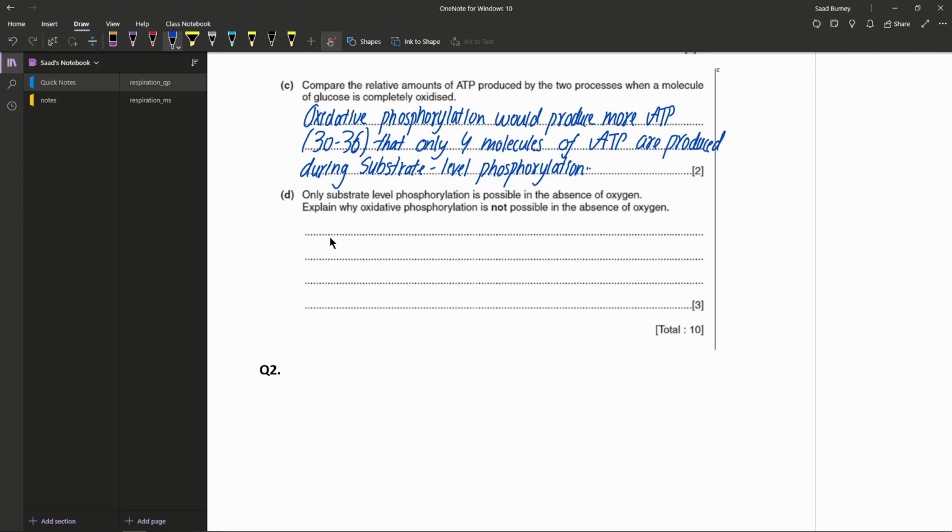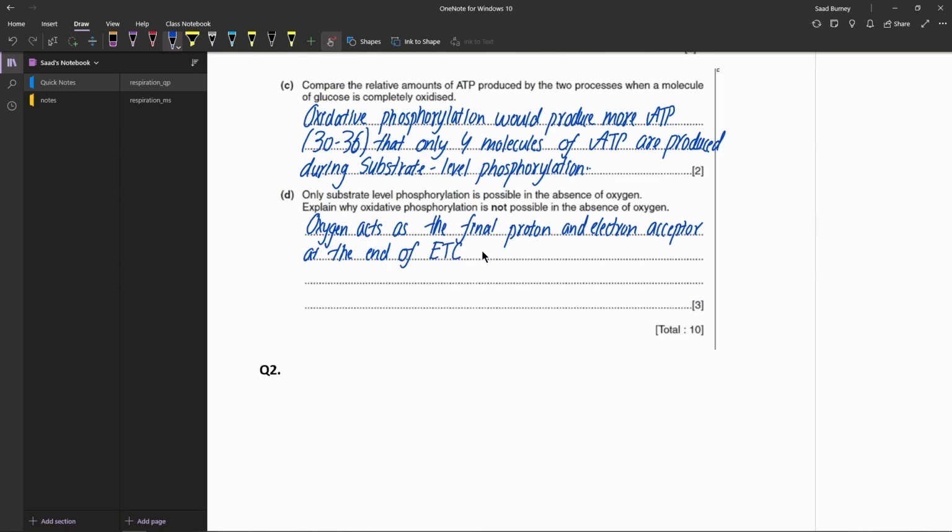So we also should be familiar with the fact that oxygen acts as the final proton and electron acceptor at the end of electron transfer chain.